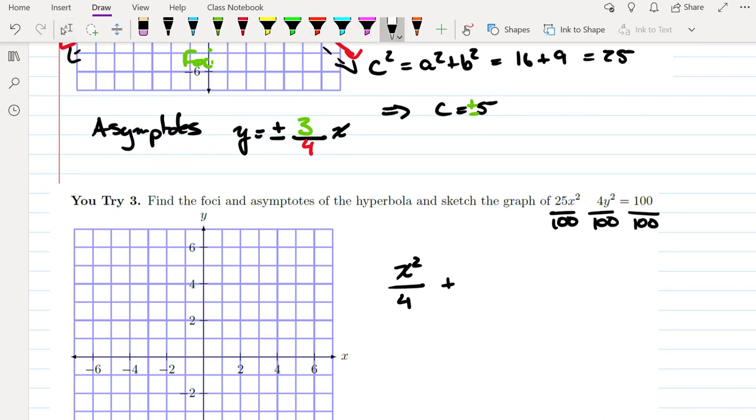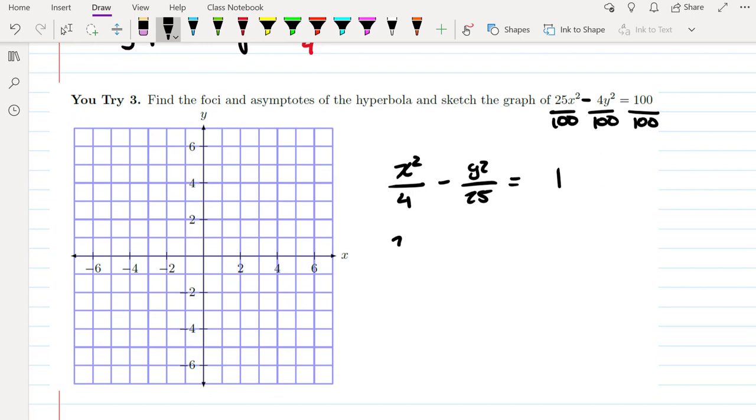That is not a hyperbola, so this needs to be a negative, so minus. 4 goes into 100 25 times, minus y squared over 25 is equal to 1. And that gives us x squared over 2 squared minus y squared over 5 squared is equal to 1.